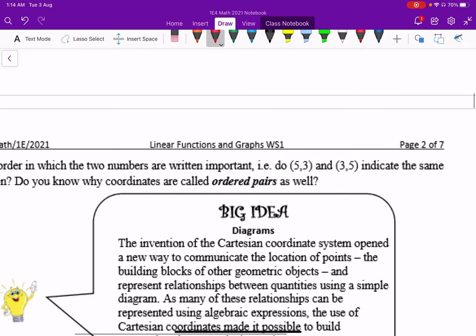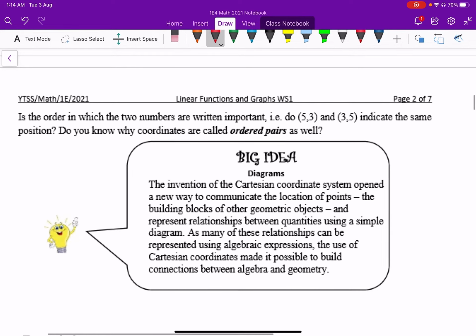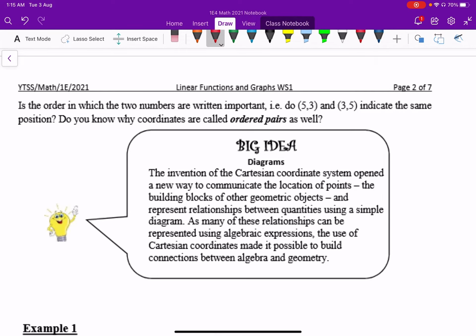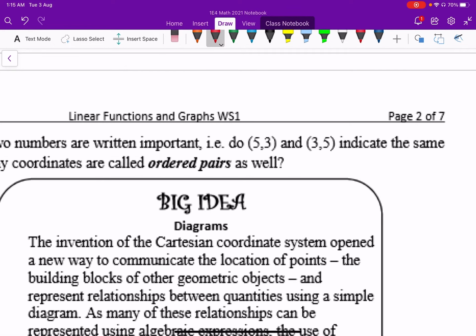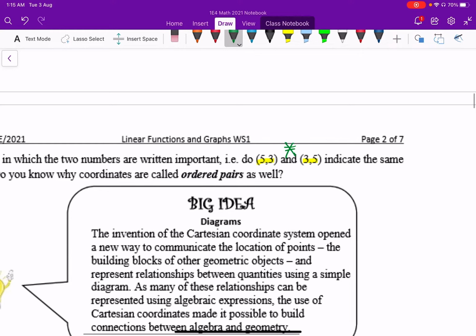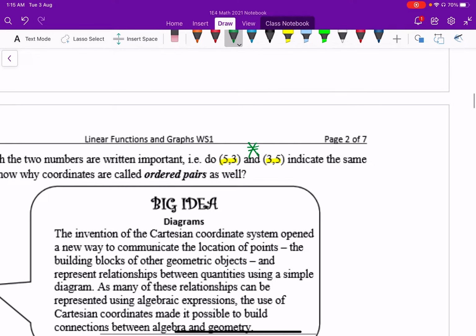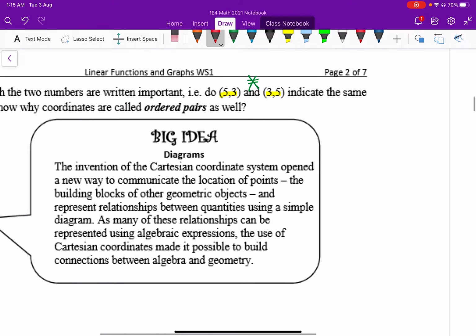Okay, you need to learn that. It is important for you to recognize the order because these two are not the same. They are not the same because they represent two different positions. You must always start from x first, then y.